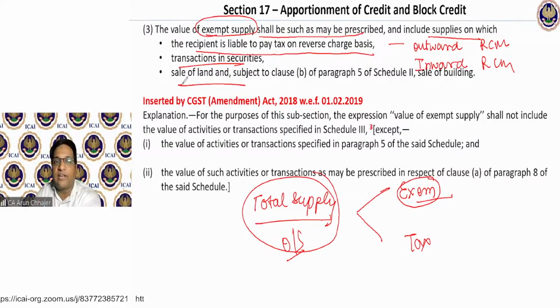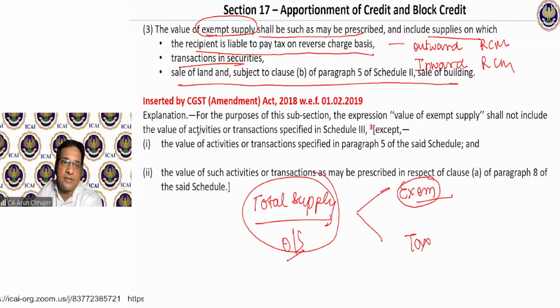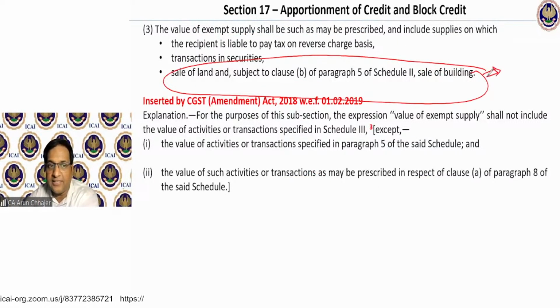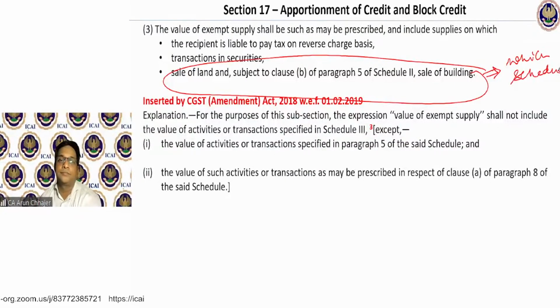Then they are saying sale of land, and subject to para 5 of schedule 2, sale of building. This para is written in which schedule? Can you tell me? Quickly give me the answer.